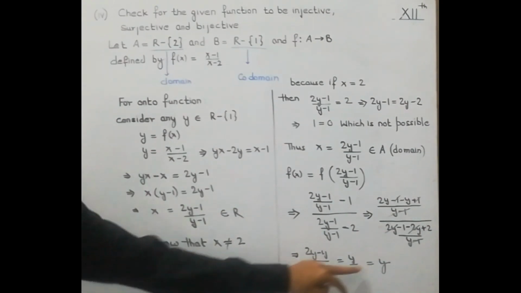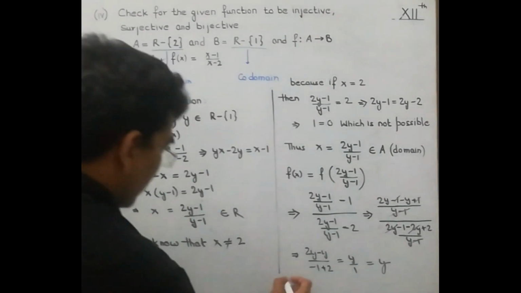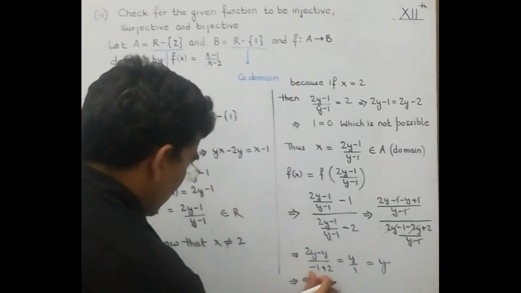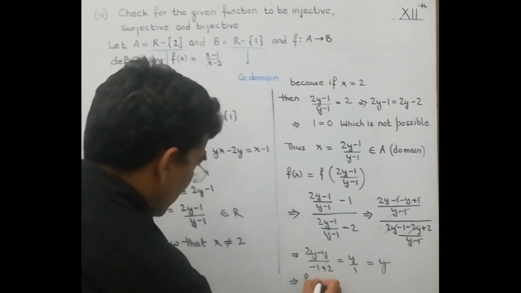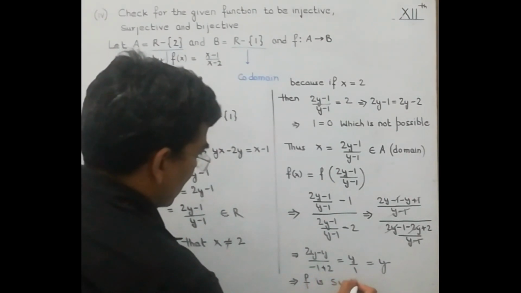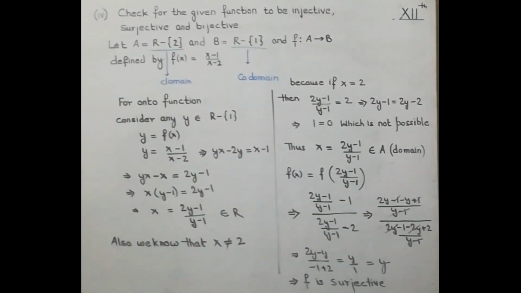So we have got f(x) is equal to y. So this confirms that for every element in the codomain there is a pre-image, which confirms that f is an onto function. Okay.